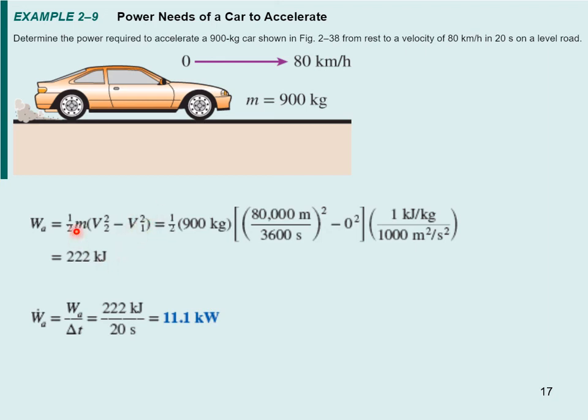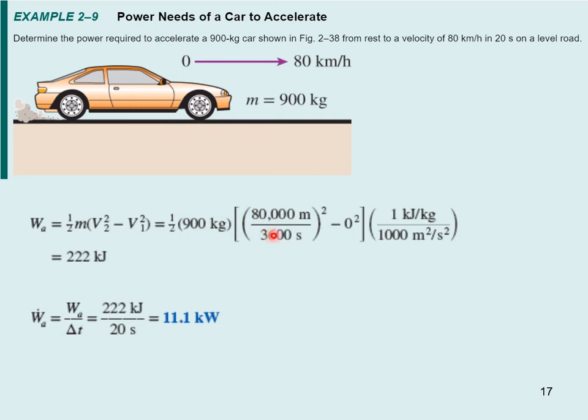We know what the mass is, it's 900 kilograms. We know what the final velocity is, it's 80 kilometers per hour. Now, one way to proceed here is simply to take the 80 kilometers per hour and convert it to meters per second, and then plug it in the formula. Our book sort of doesn't do that. He tries to save a little typeface and put it all in one. So here you see, this is 1/2 times the mass.